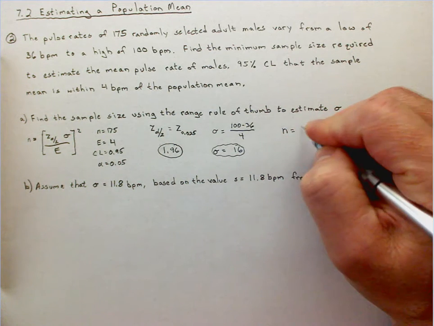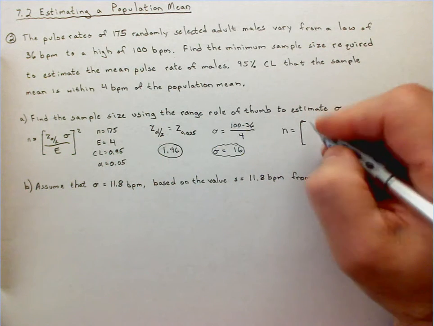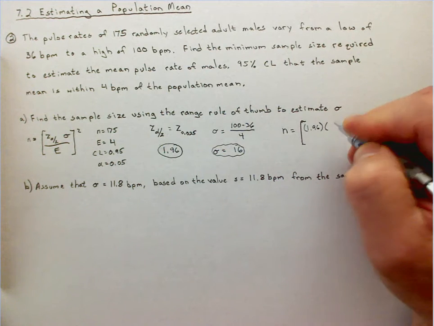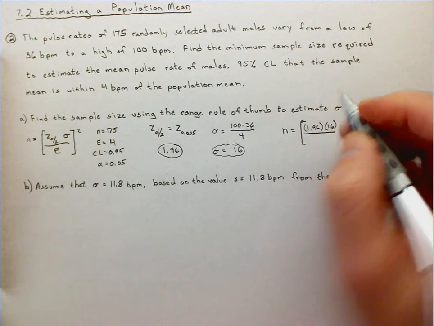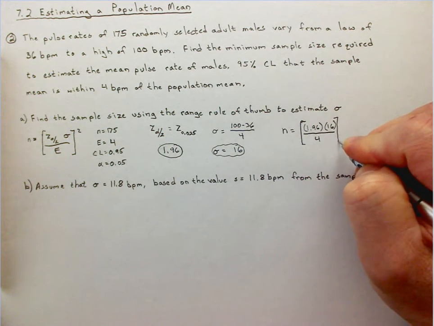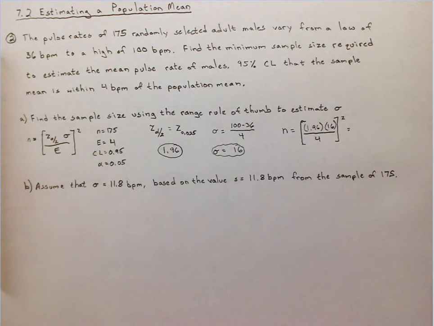N equals 1.96 times 16 divided by 4. Alright, so whenever we're looking at finding a sample size, anytime I have any decimal point following the whole number, I round up.